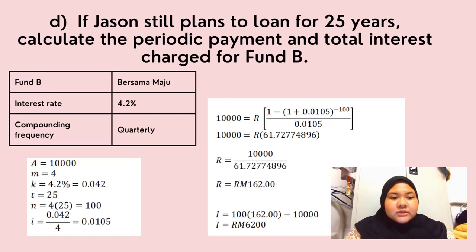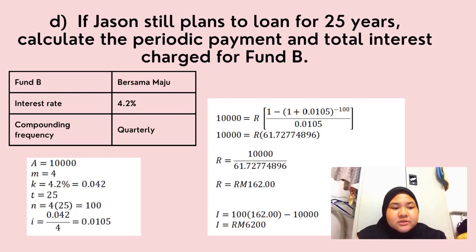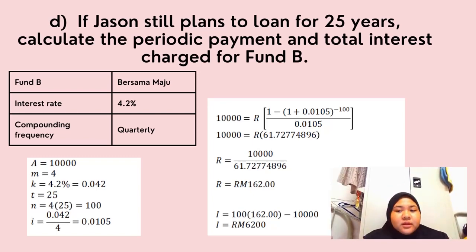Firstly, we need to find the solution for the periodic payment, which is 10,000 equals R, open the bracket, 1 minus in the bracket 1 plus 0.0105 power of negative 100, divided by 0.0105, close the bracket. Then 10,000 equals R in the bracket 61.72774896.